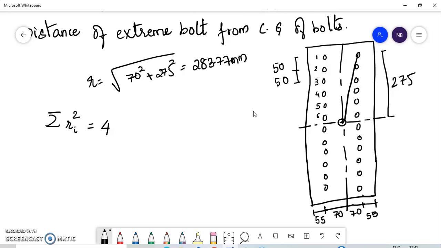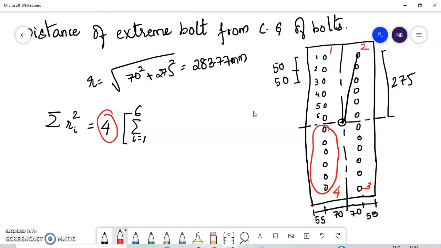Now summation of Ri square we need to find out. So it is 4 times summation, i going from 1 to 6. Okay, since there is 1, 2, 3 and 4, that is why multiplied by 4, and 6 because there are 6 in each group if we divide it like this.